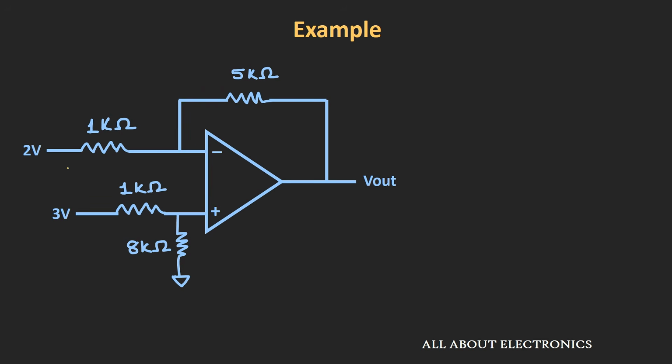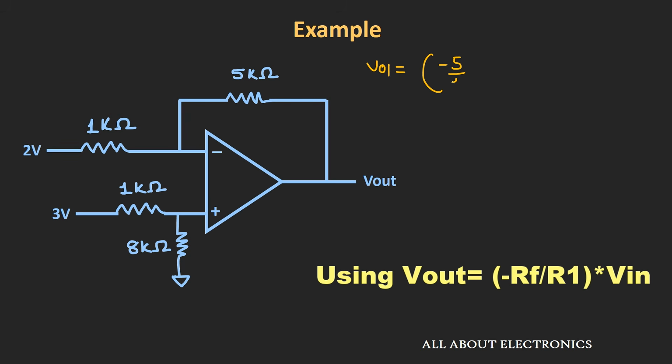If we consider this 2 volt voltage source acting alone, then let us say the output voltage is VO1, and that will be equal to minus 5 divided by 1 times this 2 volt, and that will come out as minus 10 volt.